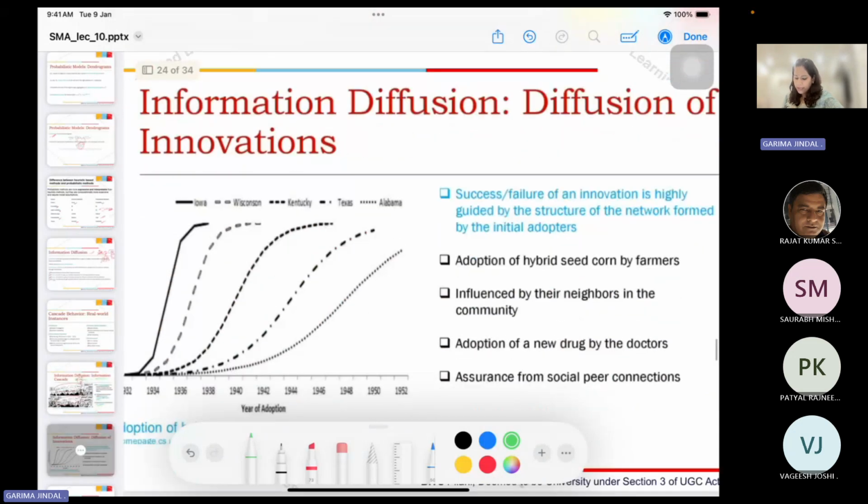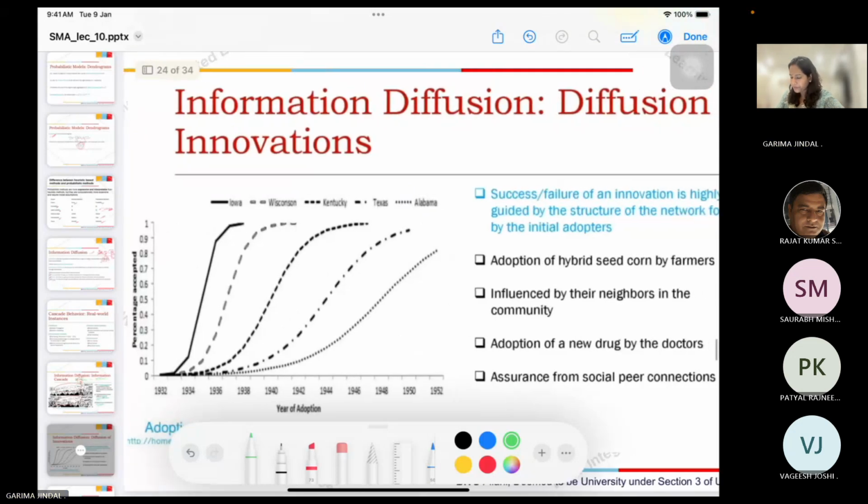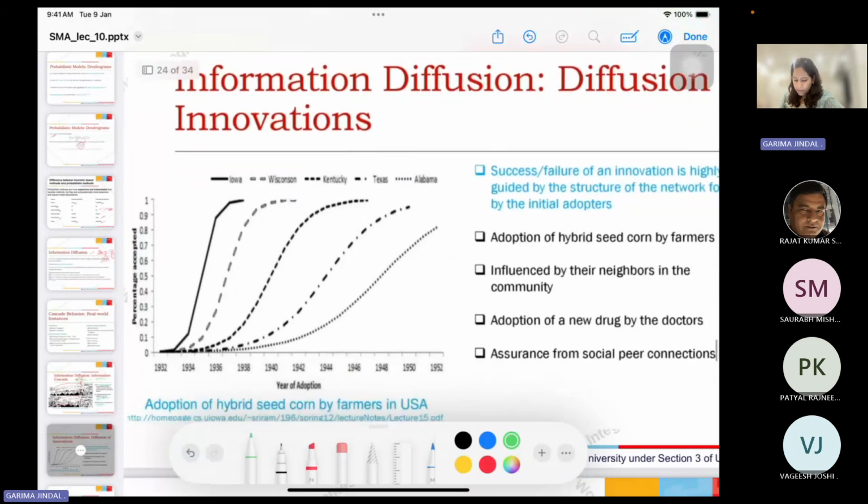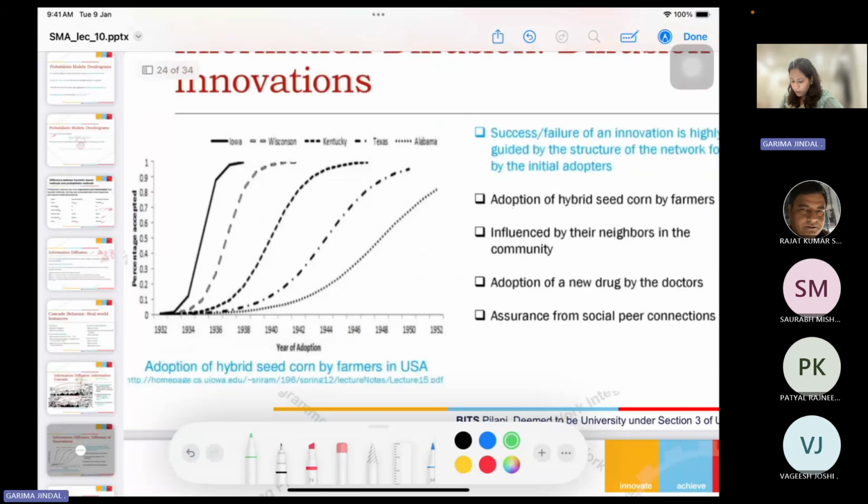Before that, let us see this particular graph here. It shows the adoption of hybrid seed corn by farmers in the US, and the charts show data from different states, Texas and others. It shows how hybrid seeds were adopted by farmers in different states.